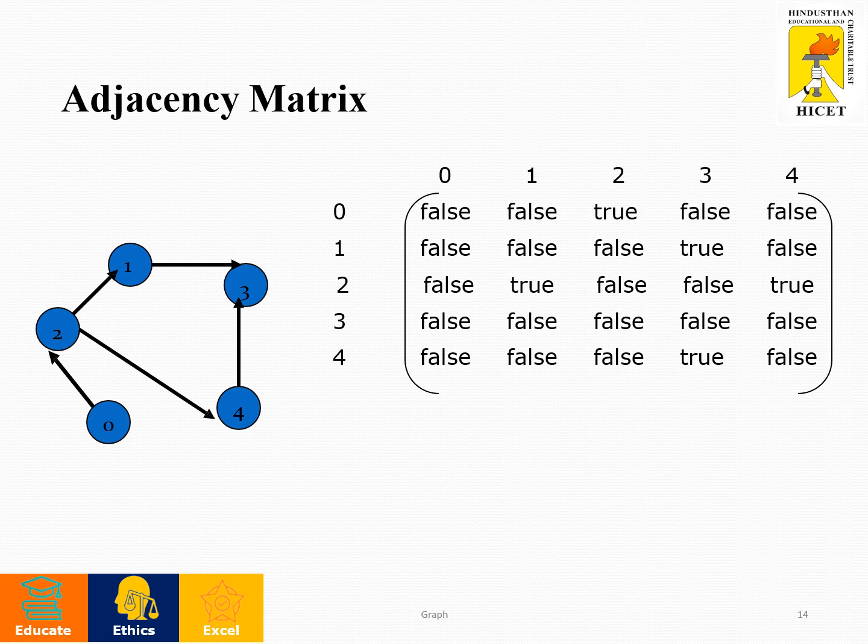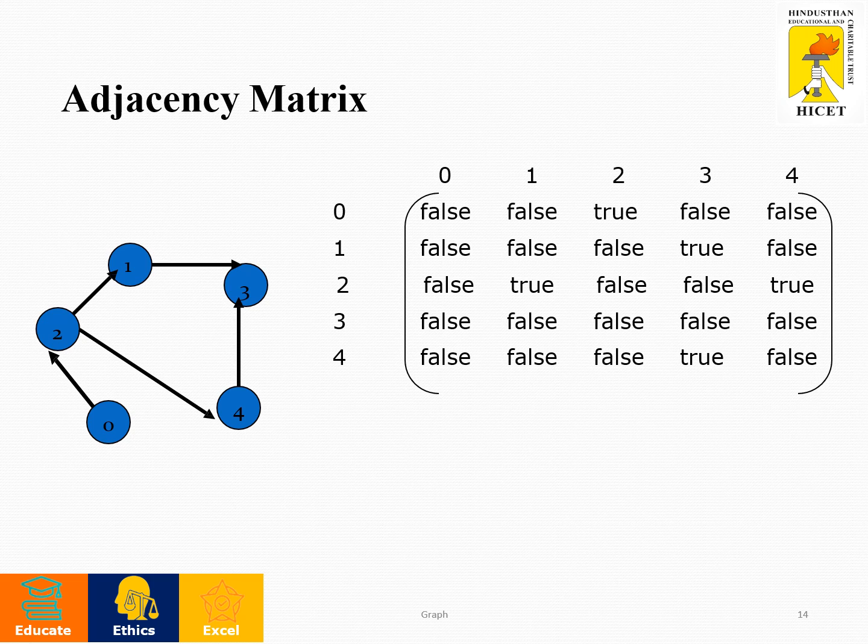Let me show an example here. In this graph, you can see 0, 2, 1, 3, 4. These are the vertices. You can write them in the column as well as the row. Now check, is there any path from 0 to 0? There is no path, so put a 0 or false. Similarly, 0 to 1, is there any path?